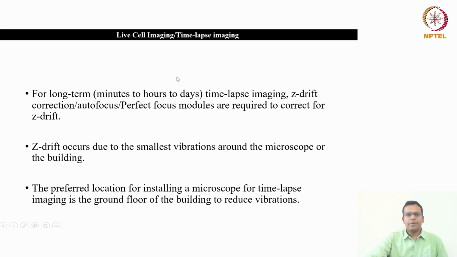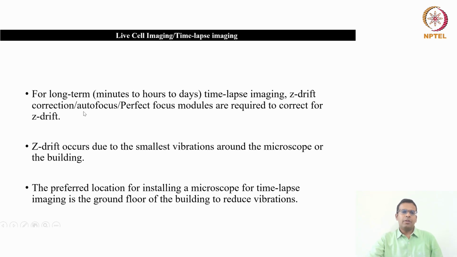So suppose you want to observe the entire embryonic development, which takes several hours to days. For such long-term time-lapse imaging, what will happen if you have focused your cells here and set up the entire microscope to capture time-lapse images at every, let's say, 30 minutes, for 2 days?